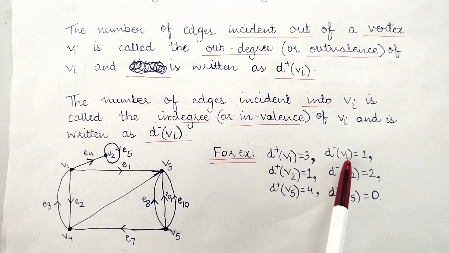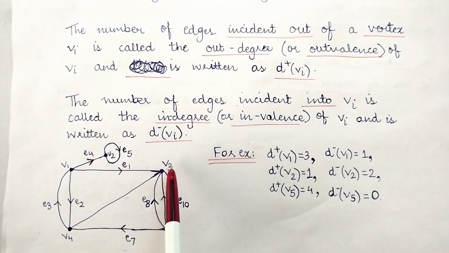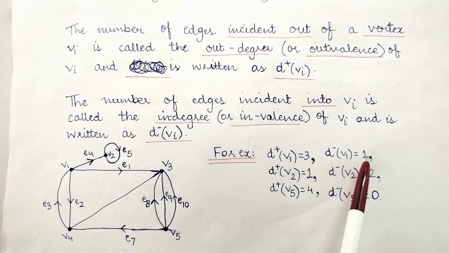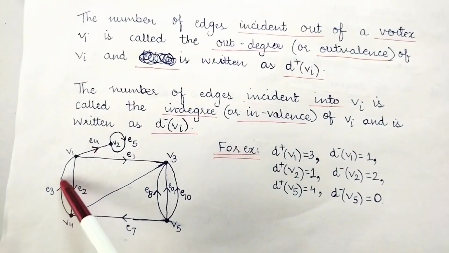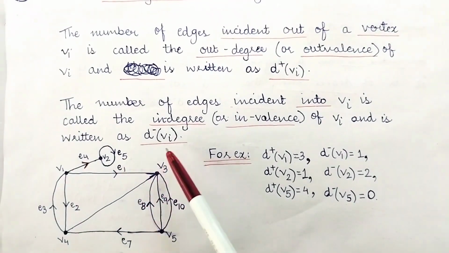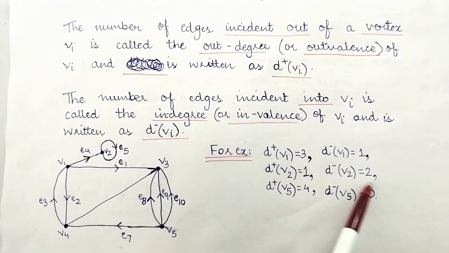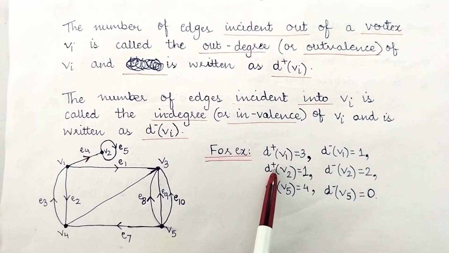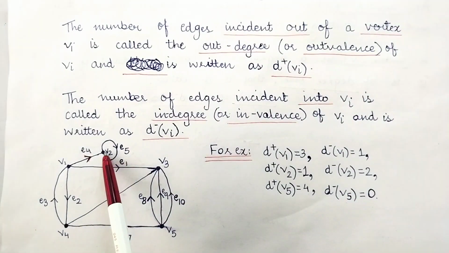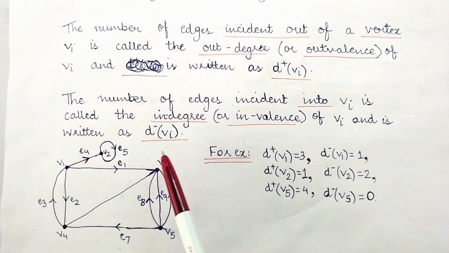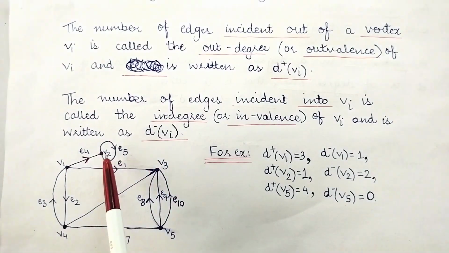Now again, if we consider the in degree of vertex V1, that means we are considering how many edges are incident into V1. The in degree of vertex V1 is 1 because there is only one edge, E3, which is incident into vertex V1. Now if I consider vertex V2, what is the out degree of vertex V2? It is 1. Why? Because vertex V2 has a self loop.